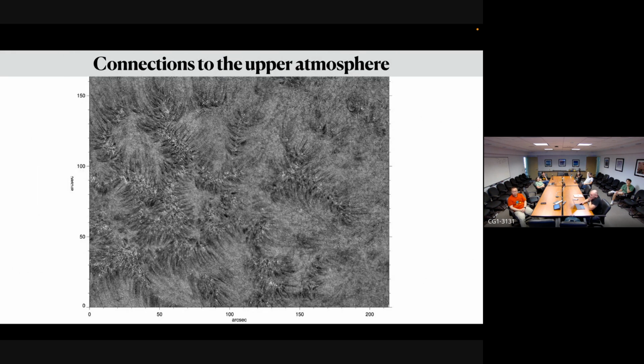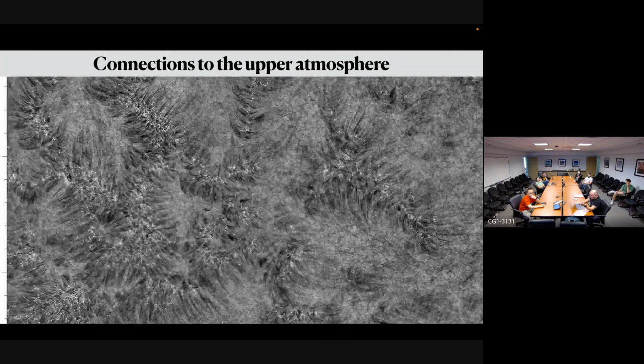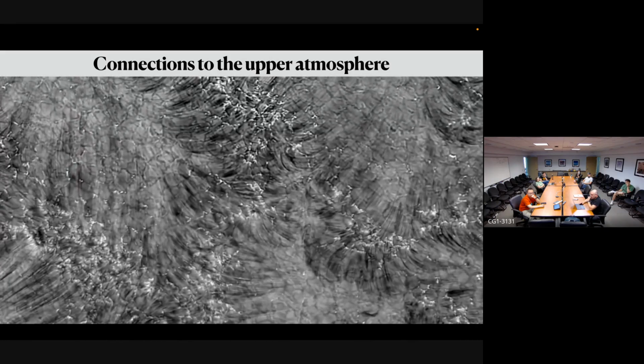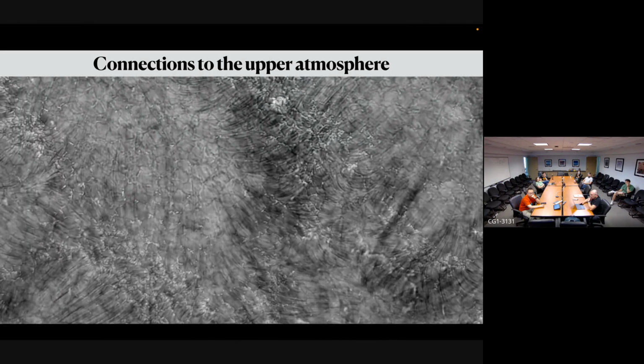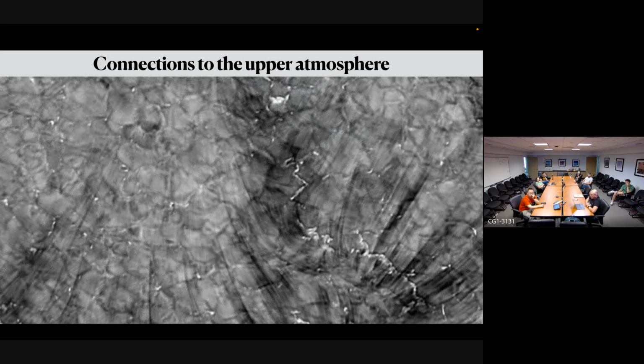Okay, another important question related to this photospheric striation is their connections to the upper atmosphere. So here we have an H-beta image obtained for the same field of view as the G-band, and you can see how complicated the atmosphere is above these facular regions.